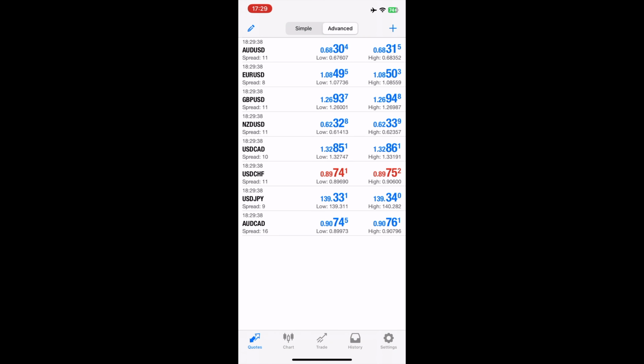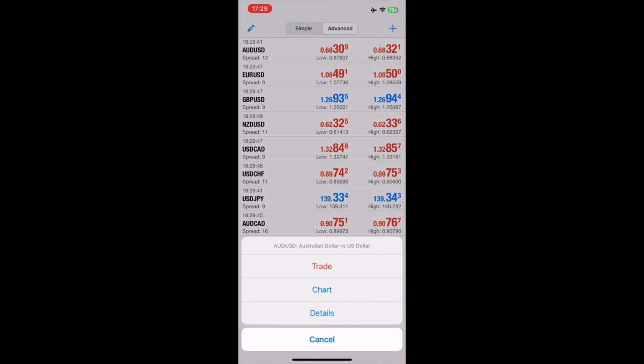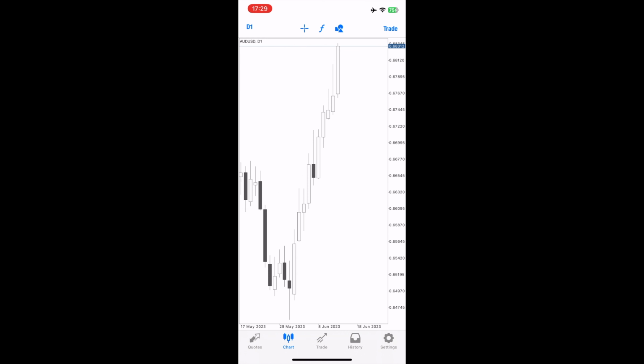So if I want to trade AUD USD, for example, because if I come to chart here, it is still showing Euro USD at the upper left. If I want to change it, I'm just going to come to quotes, tap on AUD USD, click on chart, then I am on the AUD USD chart. See it now? Yes. This is the daily time frame.